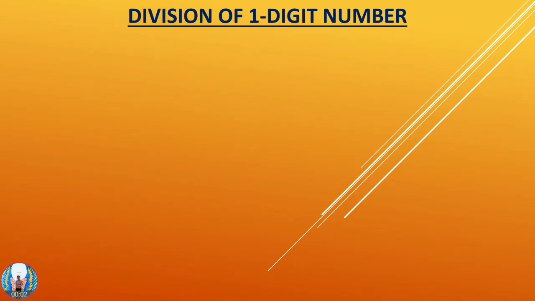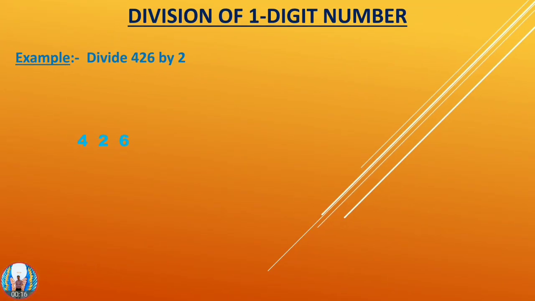Division of one digit number. Let us take some example. Divide 426 by 2. So first of all we will write the dividend in the middle, that is 426. Then we will write the divisor on the left side.